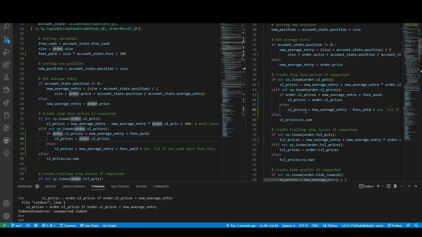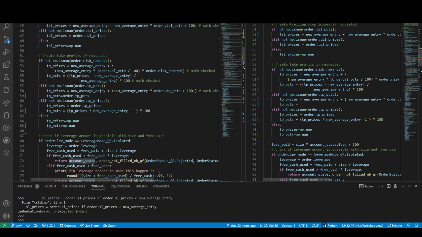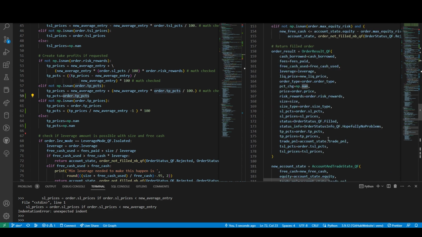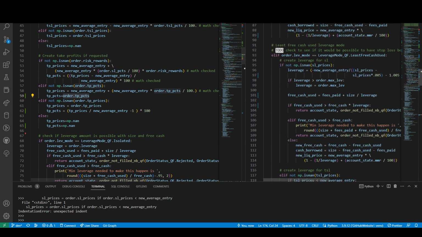All right, so now we got to go back down here and set these damn percents. Percent equals this. Okay. GP percents. All right, so I think here.